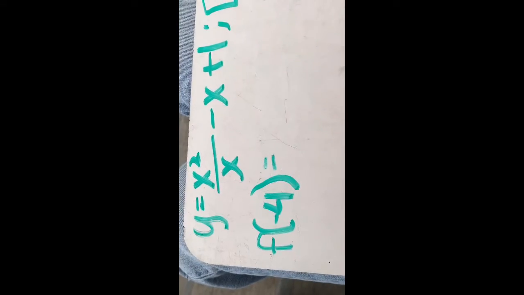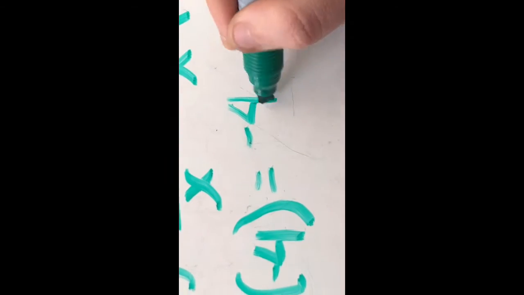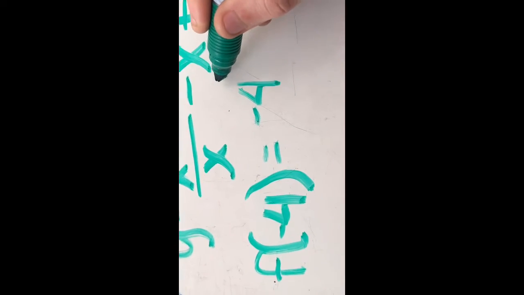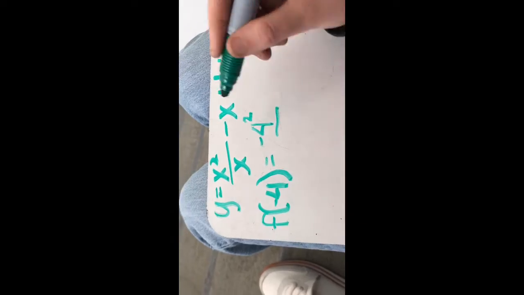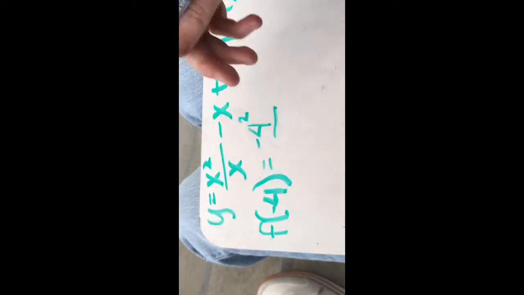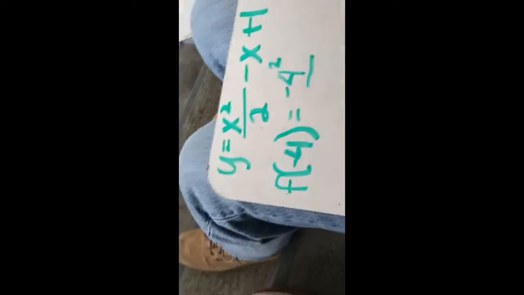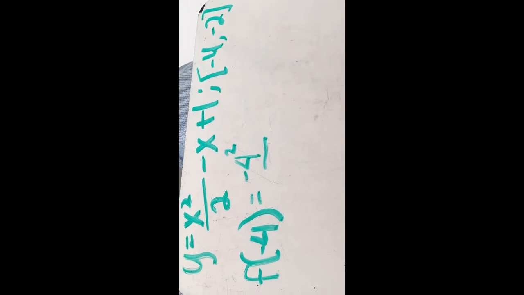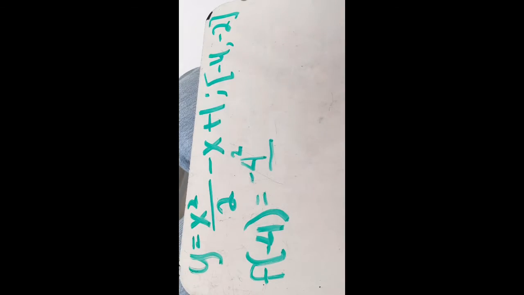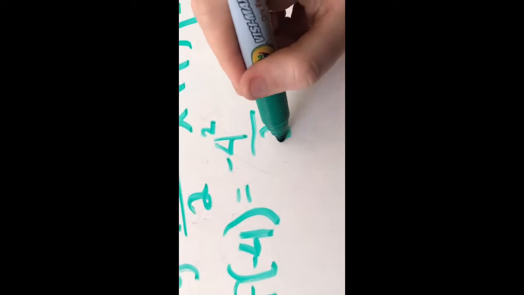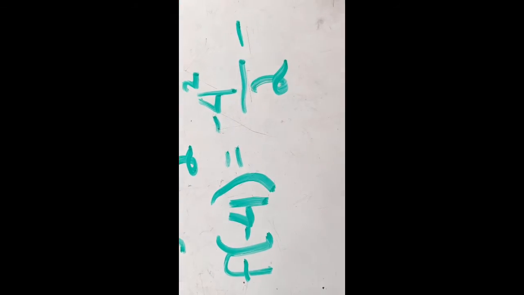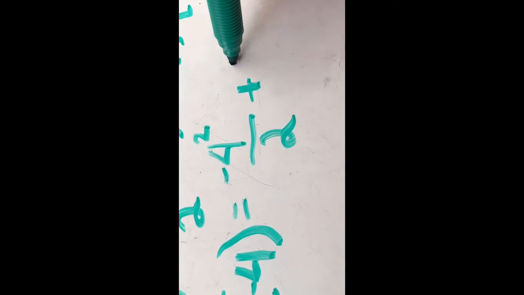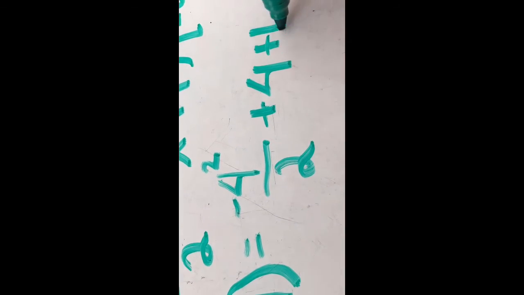So we will just plug in -4 as x, so -4 squared over 2 minus negative 4, so that's plus 4, plus 1.